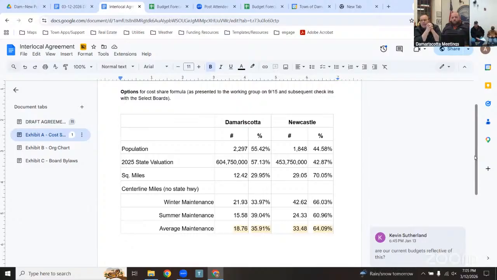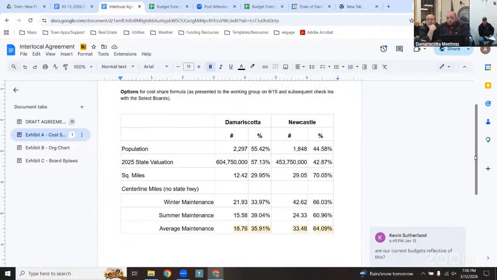And the other piece, that begs the question, how do we get to a place where we're comfortable with a cost share that we can adhere to, or does the interlocal agreement point to a cost share that is made up by the select boards? The interlocal agreement doesn't hold that number; the legislative body decides that.